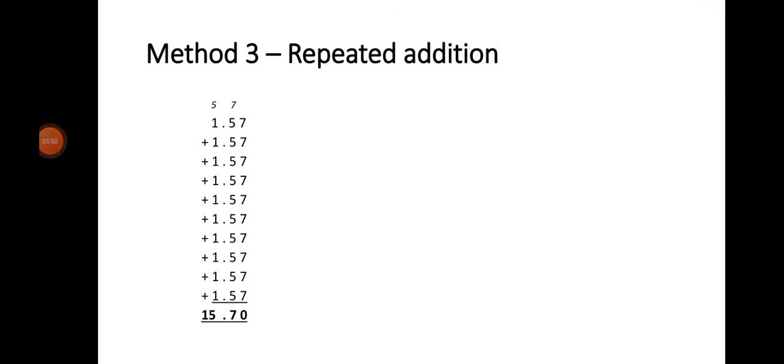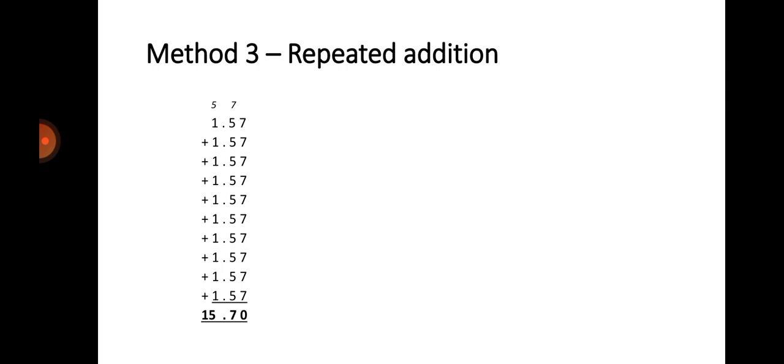Then method 3, we can use repeated addition as we did earlier. 1.57 into 10 places, you will add all of them. 7 into 10 is 70. Write 0, carry 7. 5 into 10 is 50, plus the 7 there is 57.